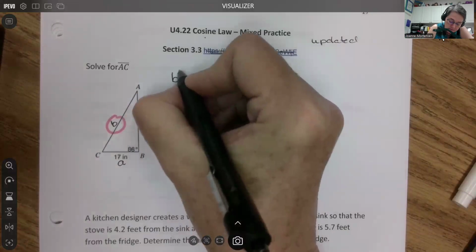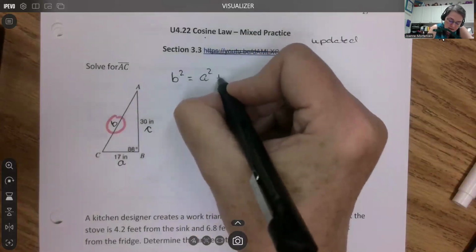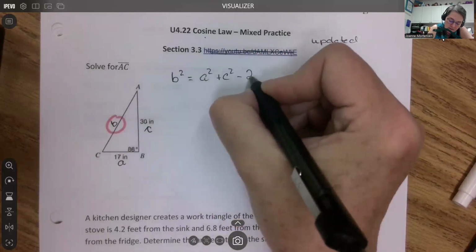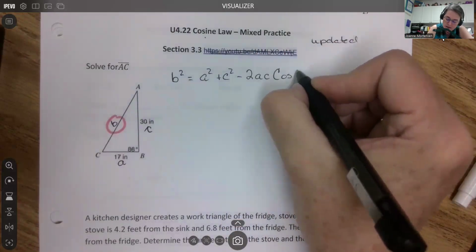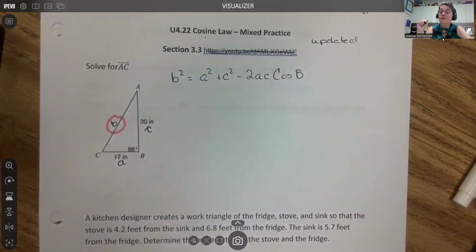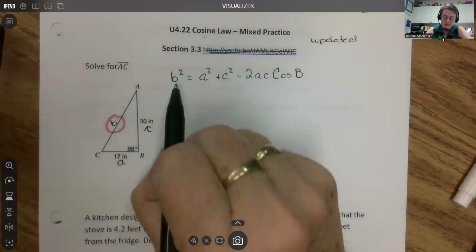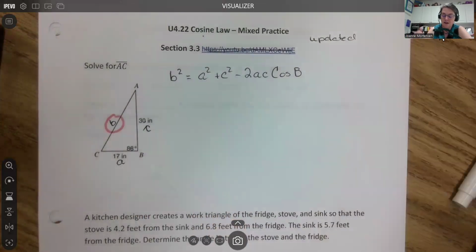So b squared is equal to a squared plus c squared minus 2ac cos B. If you're watching these in sequence, you'll notice that in the last video, I screwed that up, so I'm going to double check. B at the front, B at the back, other letters a c, a c. Golden.